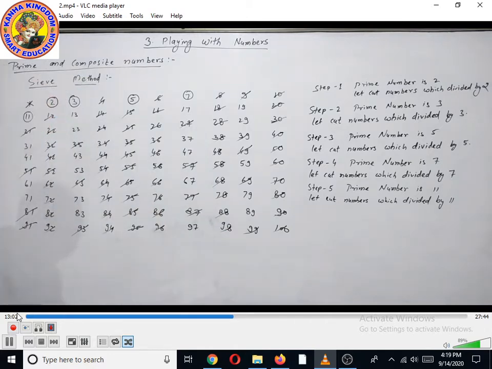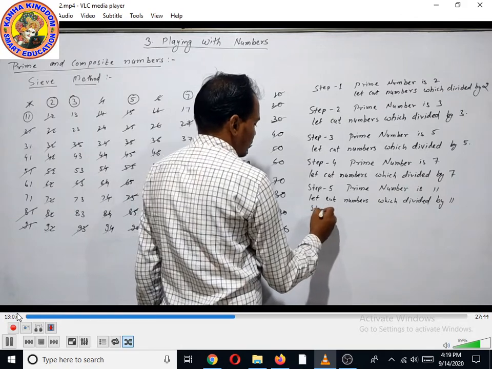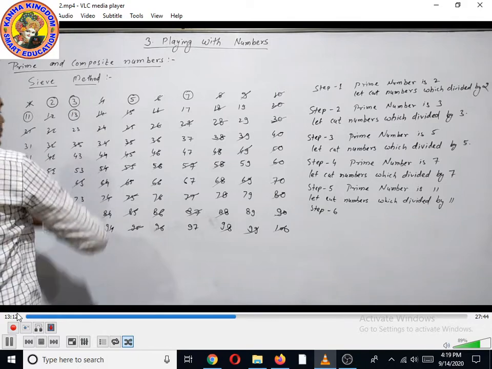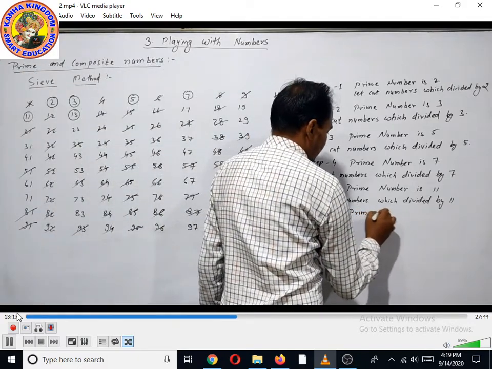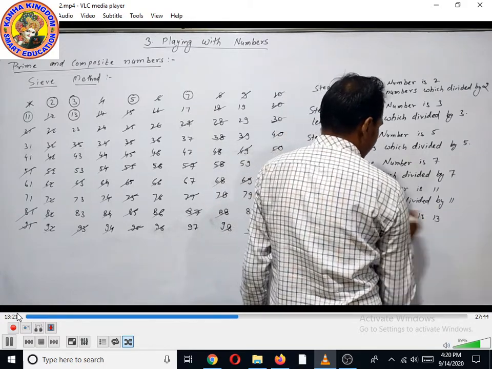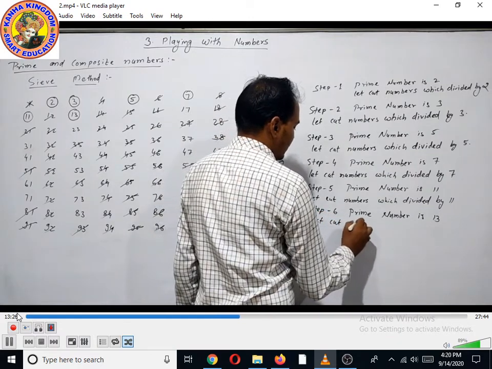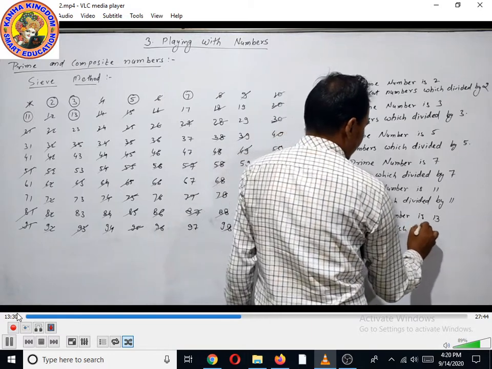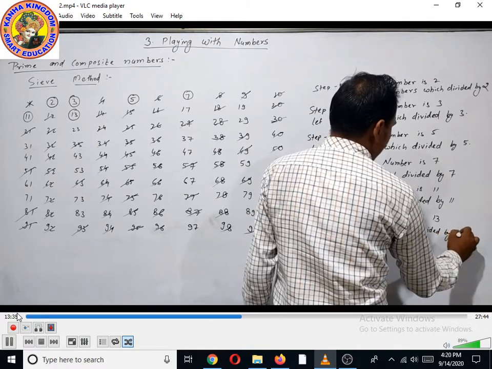All these numbers are already cut. Step 6: now the next number is 13. The prime number is 13. Let's cut numbers which are divided by 13.